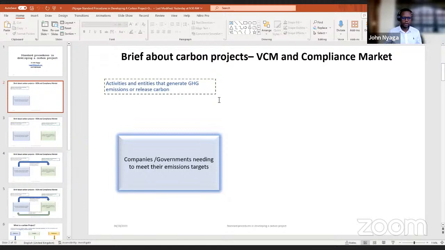Okay, so let me start by having a small brief on what is a carbon project. And in so doing, I'll present to you two parts. Number one, think of who would be interested in coming up with a carbon project and what would be the purpose or the need. So here you have a company or government needing to meet their emission targets.